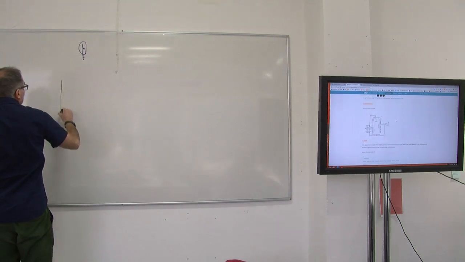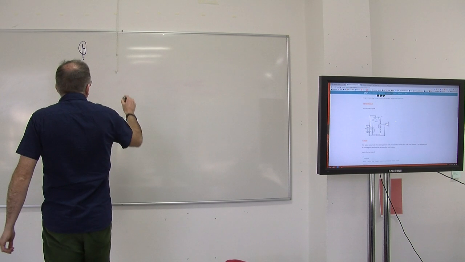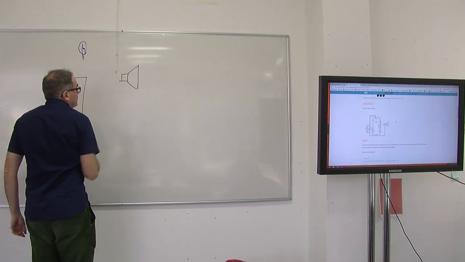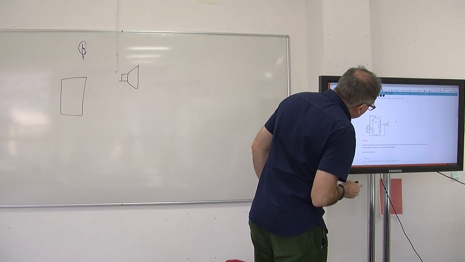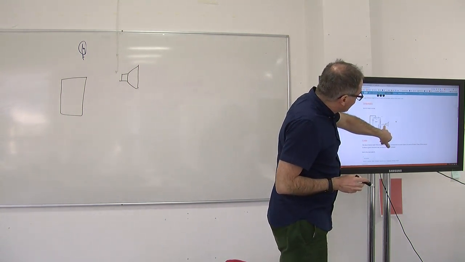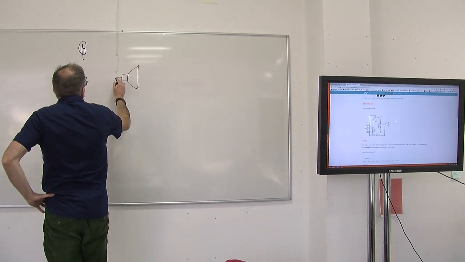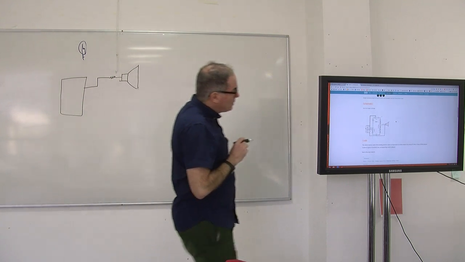So we have the Arduino. We have the speaker. That's the symbol for the speaker. And we know that the speaker is connected. Oh, you see, it's badly done here because it's showing you both the same, but it's not. One port is connected to a resistor and then to the port of the Arduino.